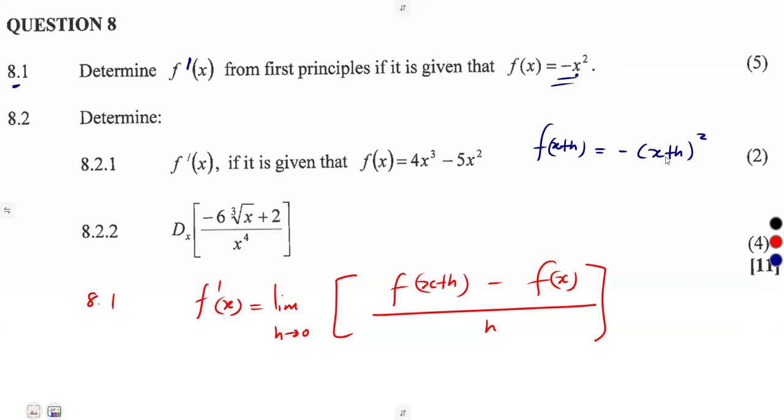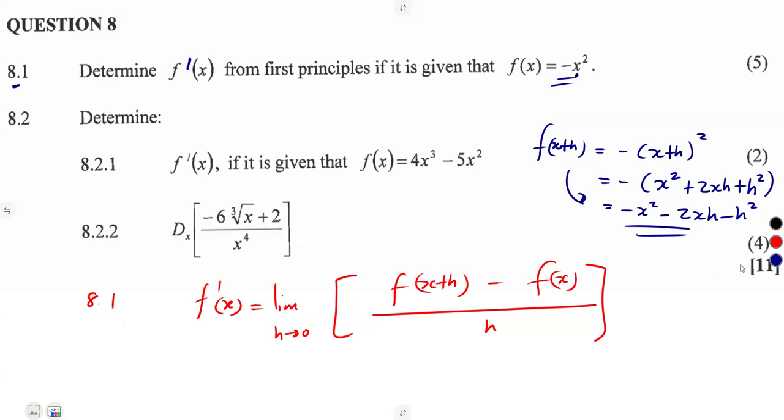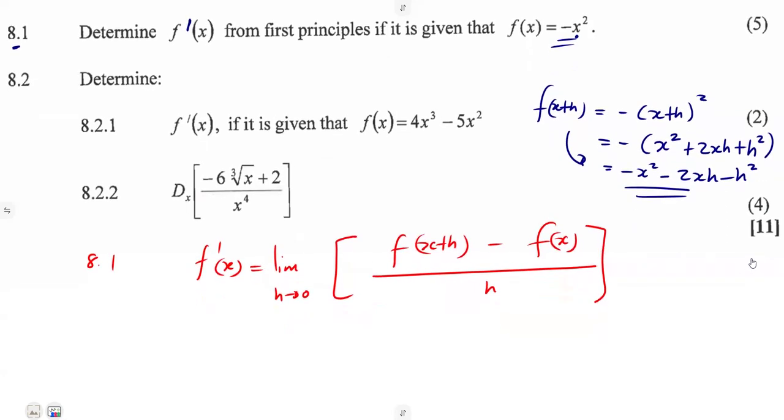So expand x plus h squared, which we expanded previously. This bracket, guys, we saw that it's going to give us x squared plus 2xh plus h squared. If you expand it properly, then the negative that is outside of the bracket is going to multiply each and every term. Then that was going to give us negative x squared, negative 2xh, negative h squared. So this is our f of x plus h that we are going to need in our formula.